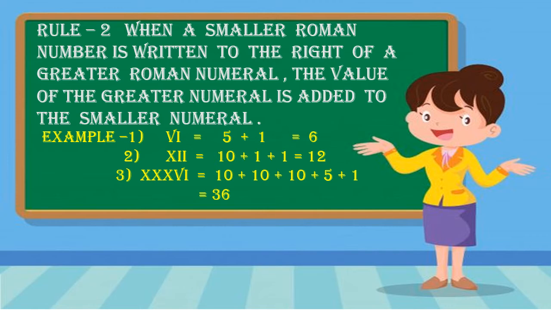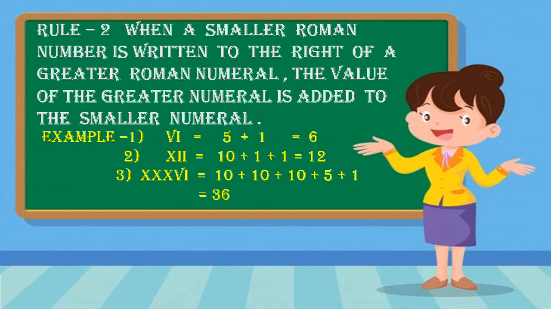In example 2, 2 I's are written on the right of X. Similarly, the value of X is added to the 2 values of I. So, it is 10 plus 1 plus 1 equals 12.